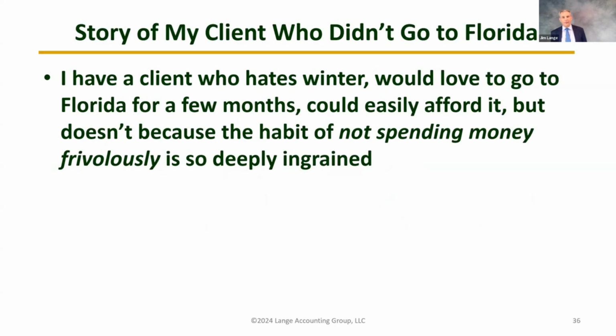So I was doing a review with a client, and without getting into details, they could certainly afford to go to Florida for a couple months. And they were telling me, oh yeah, I really want to go to Florida. That sounds so cool. And to me, I'm pretty proactive, so this is one of the things I did in a financial review.